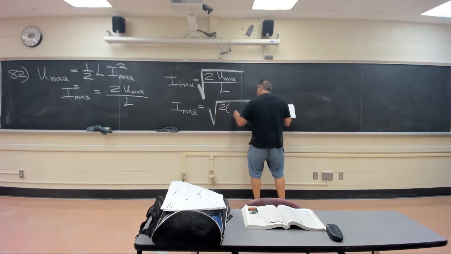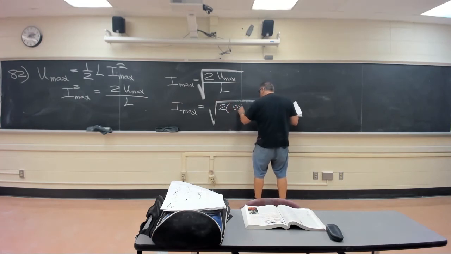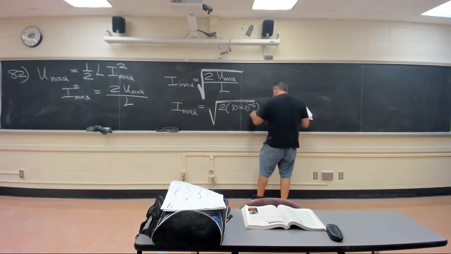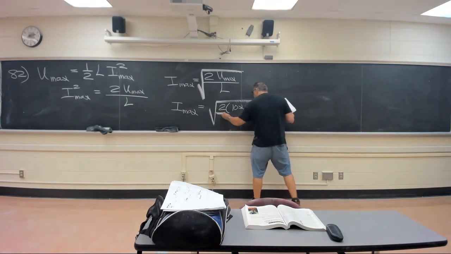Two is 2. They told us the U max was 10 microjoules. Let's keep the MKS system of units.